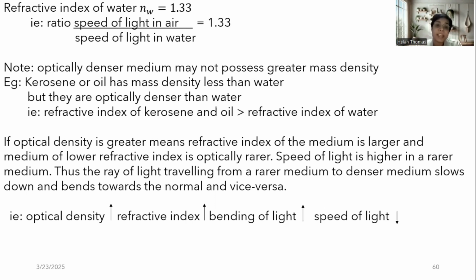When the refractive index is less, it is an optically rarer medium, so the speed of light is more. I just concluded it like this.